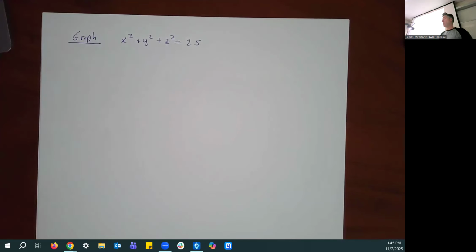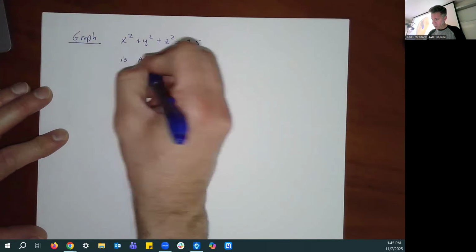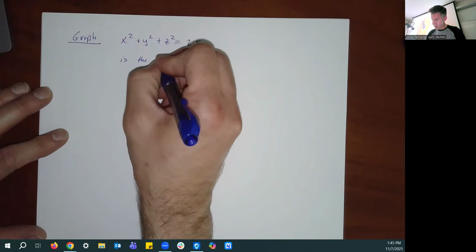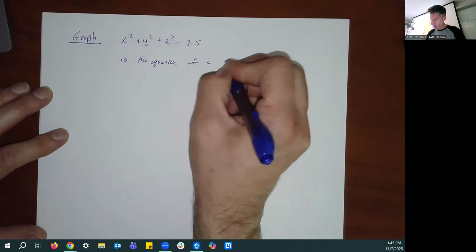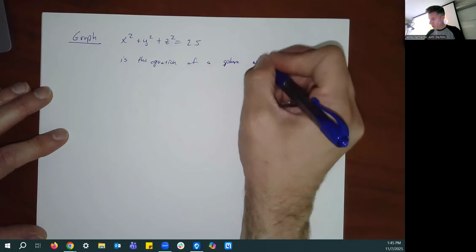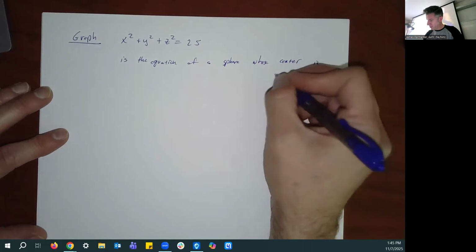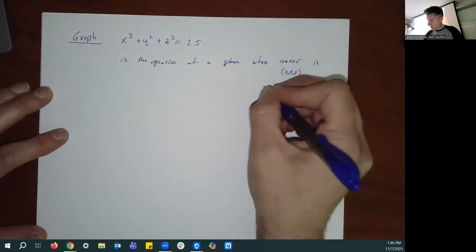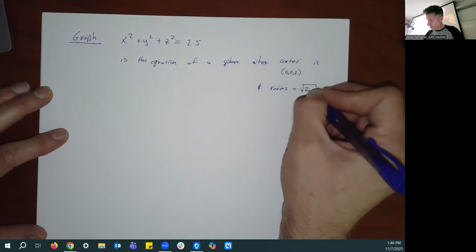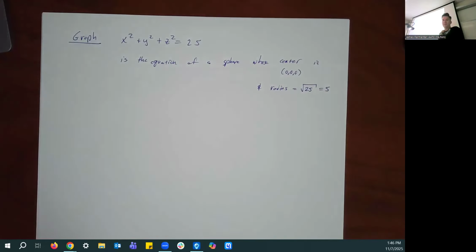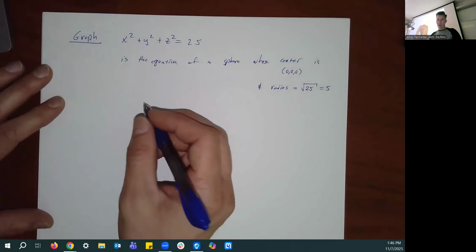This is actually the equation of a sphere whose center is (0, 0, 0) and radius is the square root of 25, which is 5. There's more to say here in a second, but first we'll just draw it.